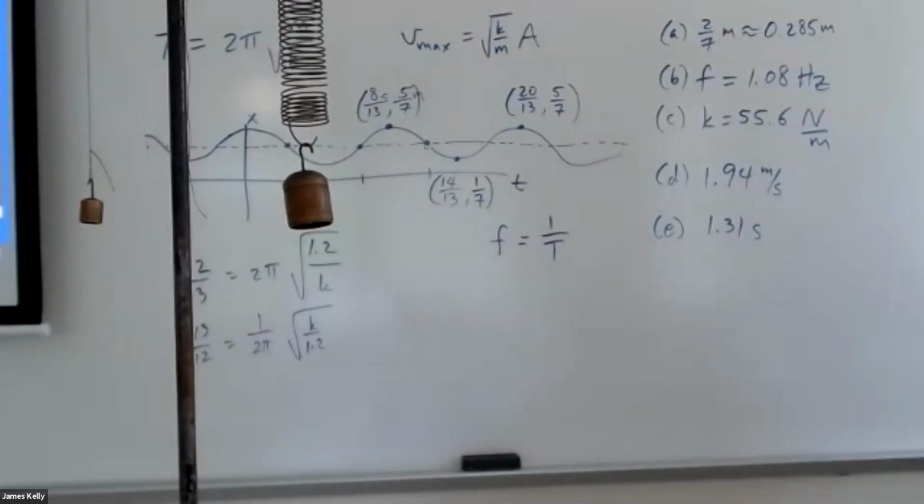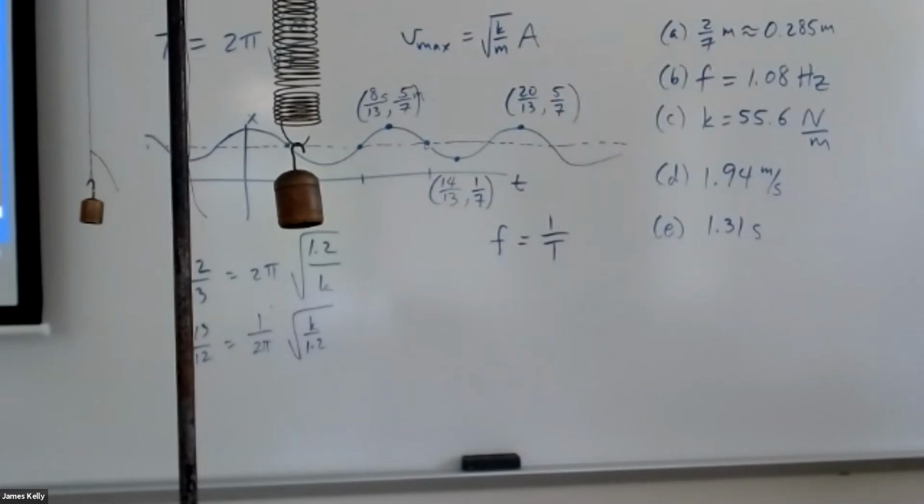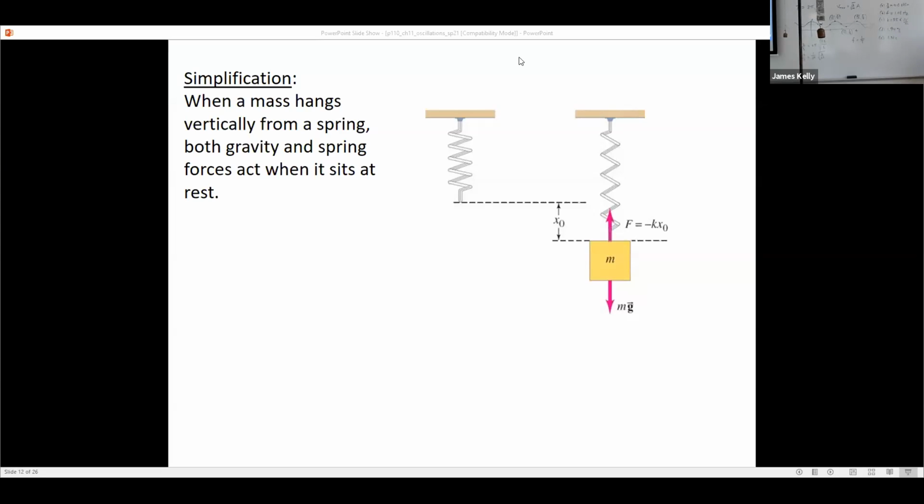The book shows, and it's pretty complicated, it's nothing but algebra, but it shows that the following is true. When you hang a mass from a spring, of course, both gravity and spring forces are acting when it's sitting at rest in that equilibrium position, where it's not oscillating.